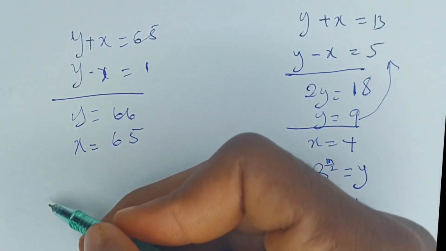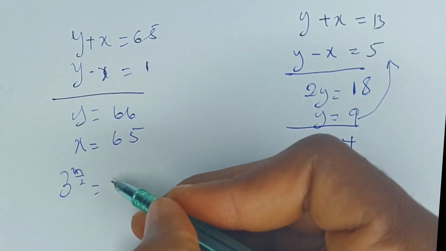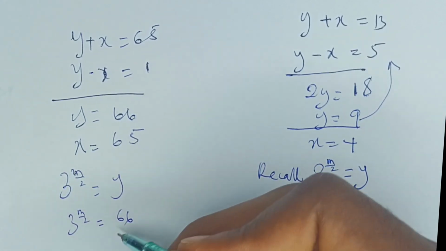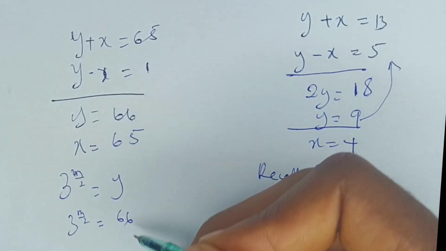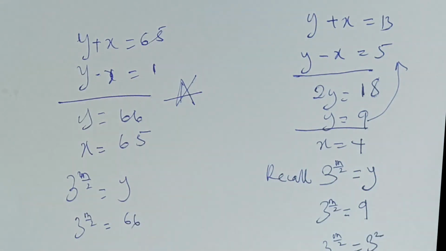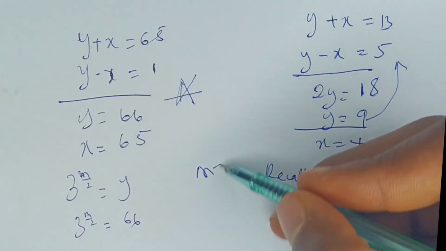Now, 3 raised to the power m over 2 is y, so 3 raised to the power m over 2 will be equal to 66. We cannot express this in a form where 66 is a perfect power of 3, hence this is null and void. So our only option is that m is equal to 4.